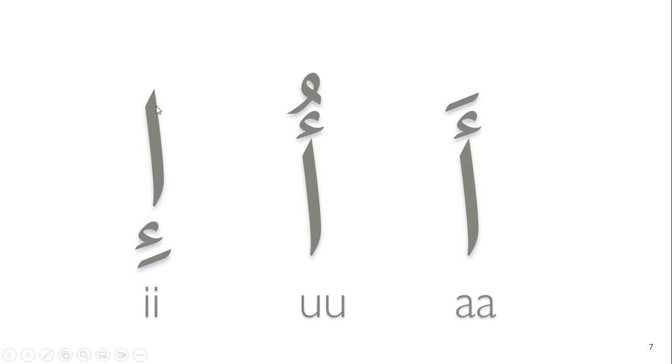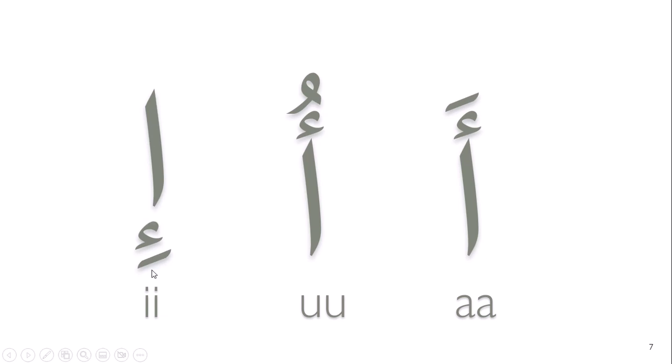Okay. With kasra, here it's a special case, because we don't just put the kasra below. We also put the hamza below. So this is very important. We need to know that when it's with kasra, we put the hamza and the kasra both below the plain alif.